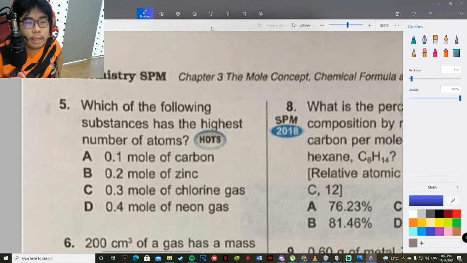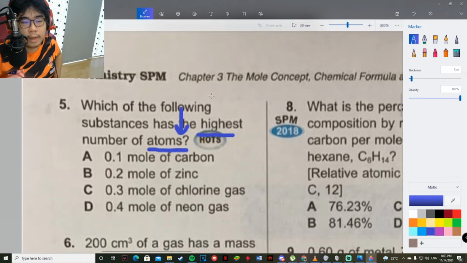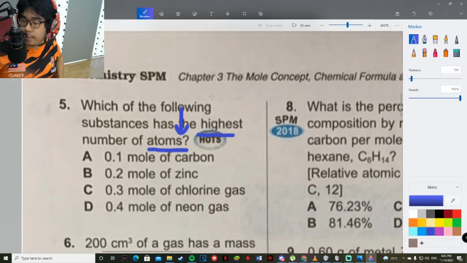The important keywords here are highest and number of atoms. So we need to calculate which has the highest number of atoms when you multiply it with the Avogadro number, which is 6.02 times 10 power 23.